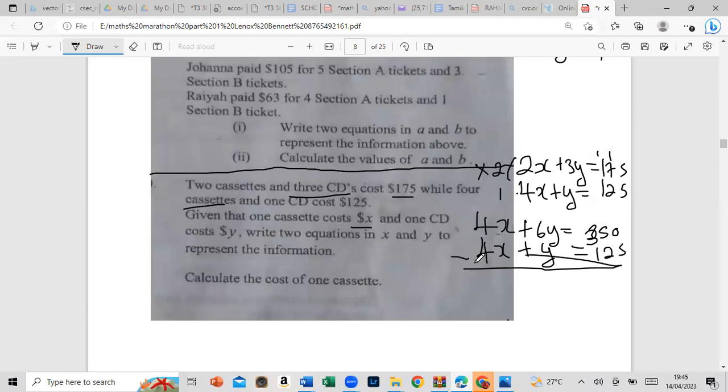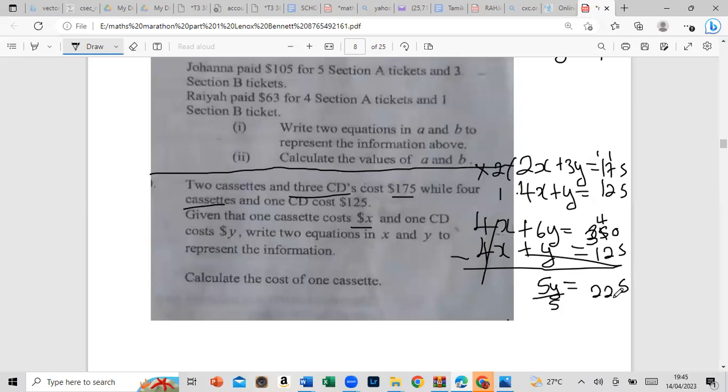So 4x minus 4x gives us 0. 6y minus 1y gives us 5y. And then we do 350 minus 125, which leaves 225. And then we divide.